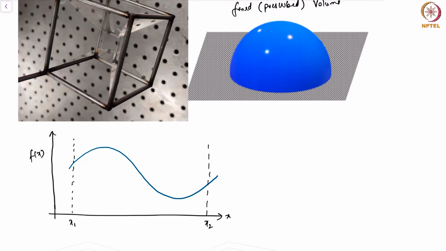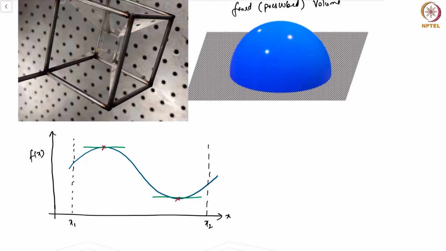I could easily determine this by doing the following. I can find out where the slope of this function goes to 0, and if I do this, I basically get two points here, and at both these locations the slope, as indicated by the tangent, is 0. So in other words, we will be employing this tangency condition, and this tangency condition will tell us where the function has a maximum or a minimum.